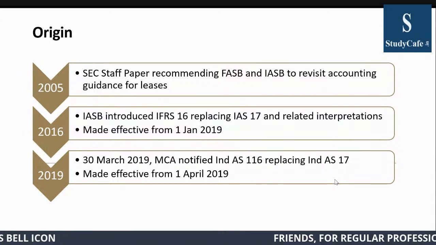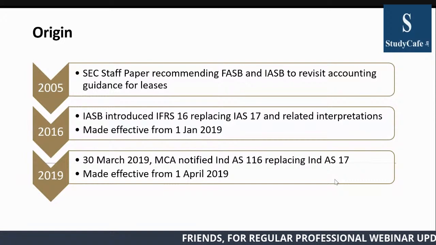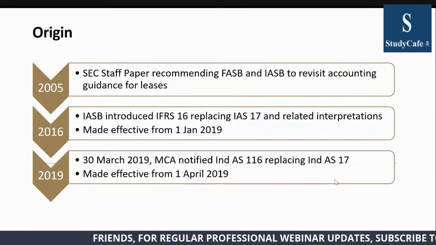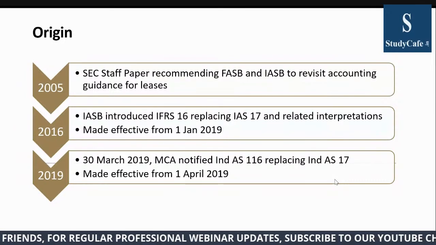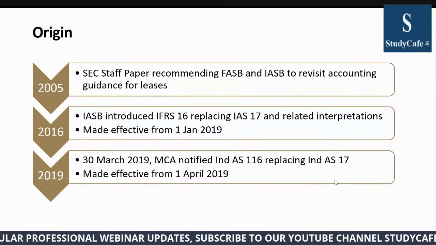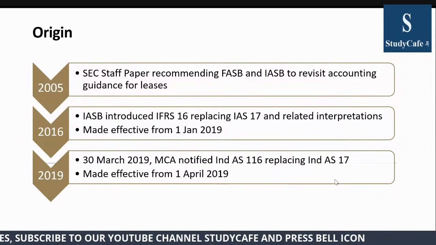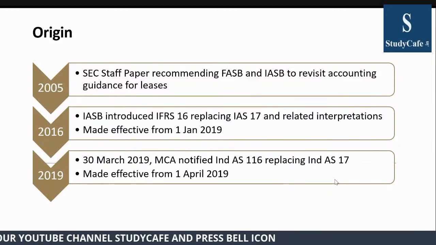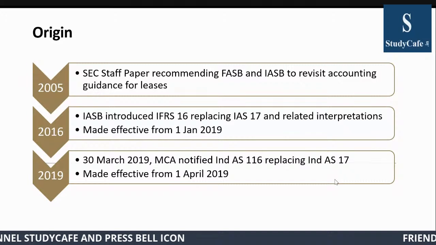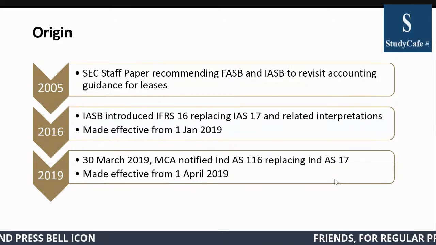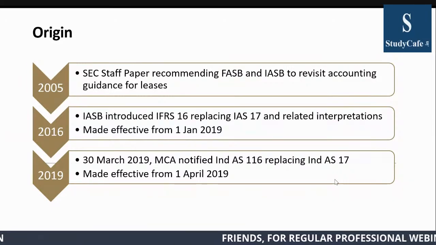Therefore, in order to bring transparency in financial reporting, and to give better financial information to the users, the boards, FASB, which is the Accounting Standards Board of the USA, and the International Accounting Standards Board, IASB, of the UK, collaborated and replaced the earlier accounting standard with a new accounting standard.